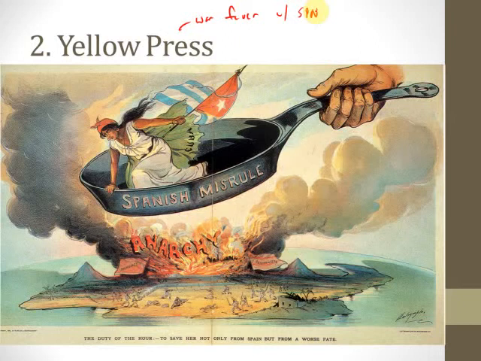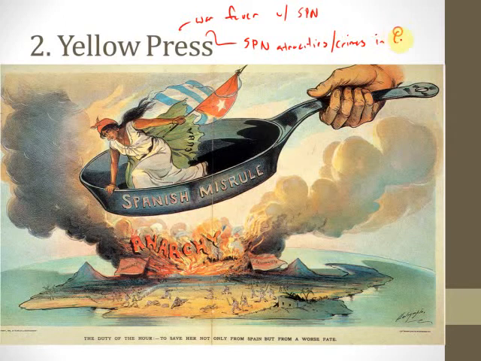But the other argument made was not so aggressive. It was more sensationalized. Because what they did was that they discussed Spanish atrocities and crimes in Cuba.